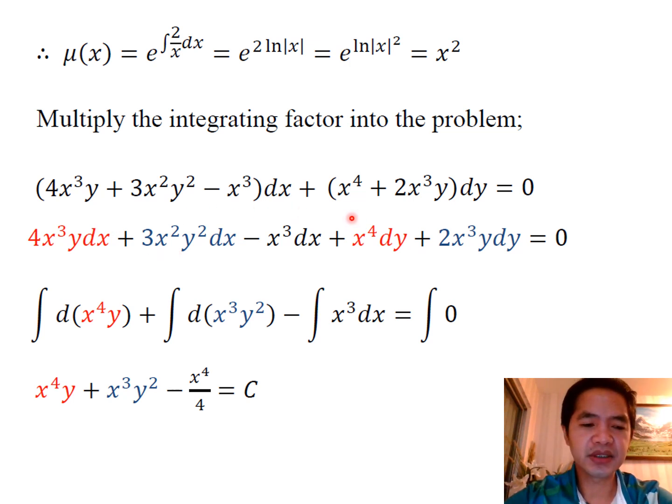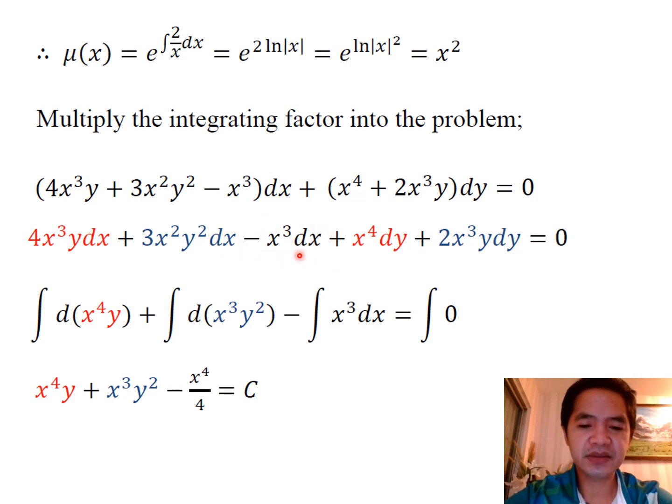So the simplest way is you multiply the x and dy into the parentheses of each. After you multiply, you get this term and this term, x to the third dx.